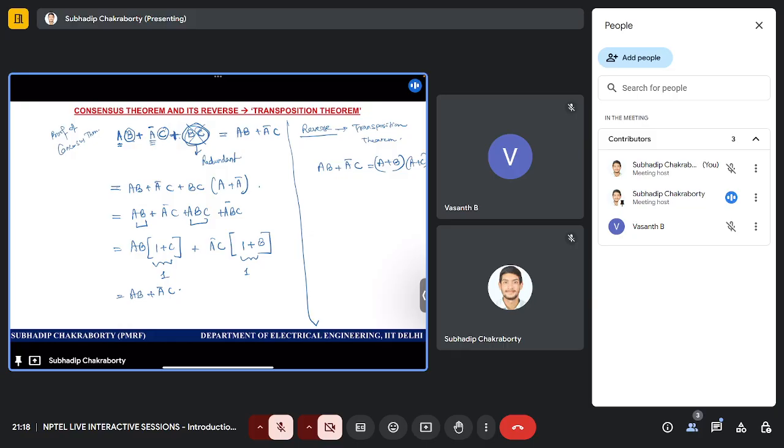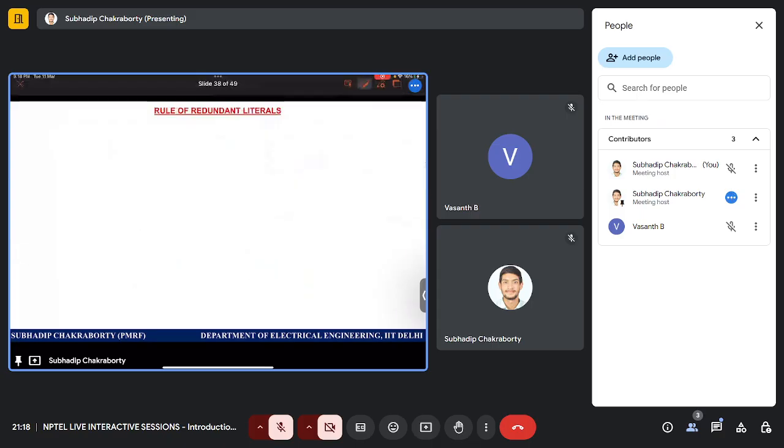Now I told you, using the distribution theorem, if you have a common term, you can take it out and multiply the other two terms. So it is nothing but A plus BC. Sorry, this is just a proof, but if you want to understand this, let me correct it.